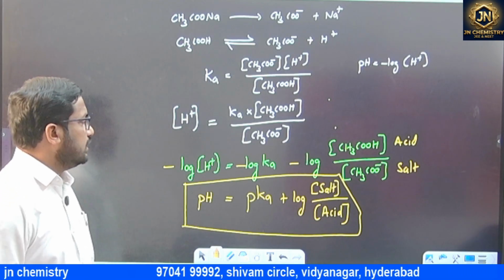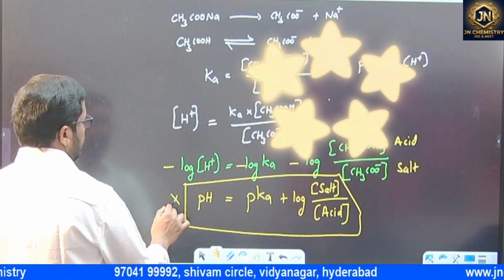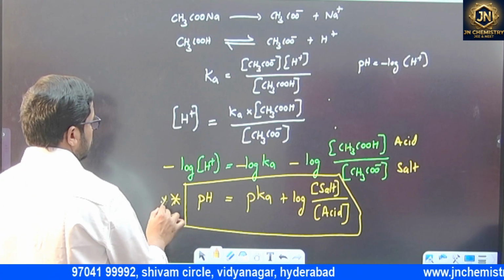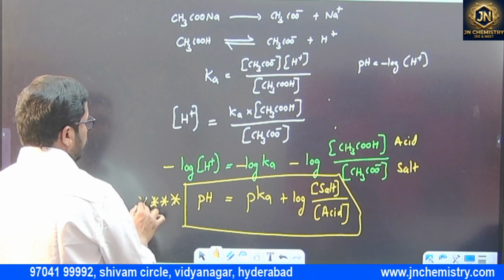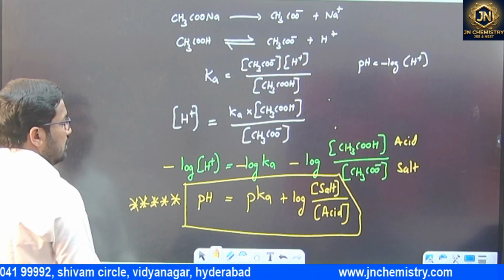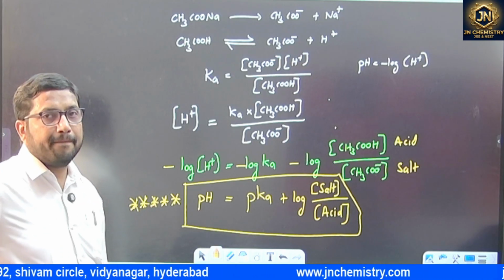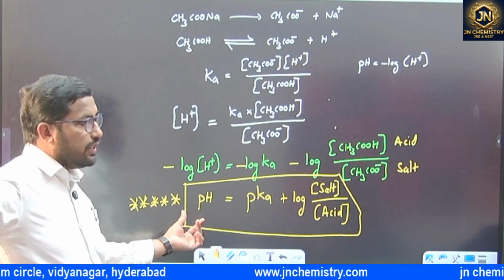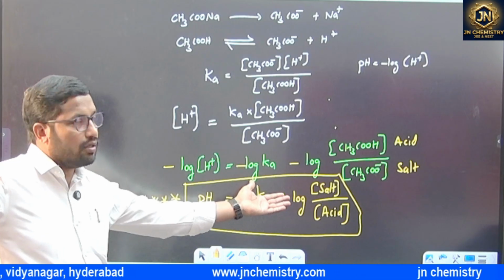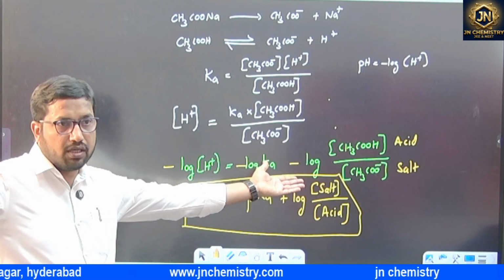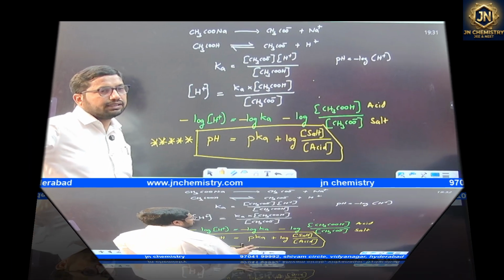Come on, write it down. This is the formula, important for pH of acidic buffers. For basic buffers, pOH is equals to pKb plus log salt concentration by base concentration. So write it down.